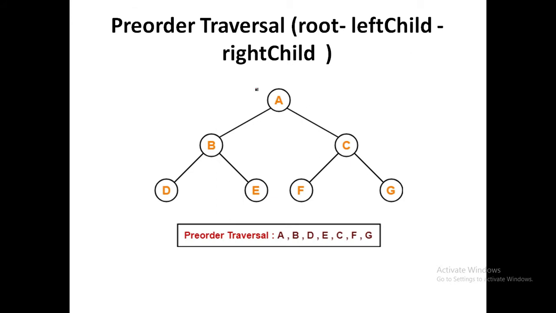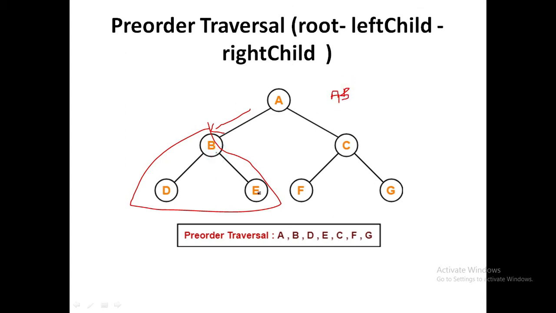So start from the root node. The root here is A. So first write A. After that, traverse its left subtree. It is another subtree, so here B is the root.